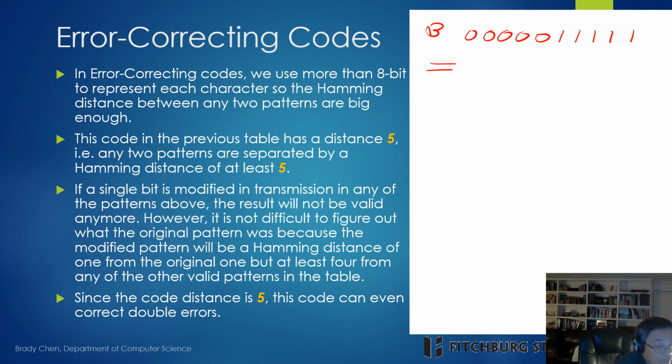And then the receiving side receives a sequence, a bit pattern. Now suppose one of the bits has been changed. Any of the bits, you can pick one. Let me pick this one. Say this one has been changed.